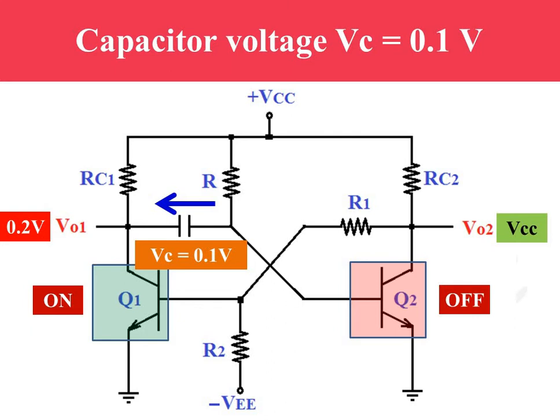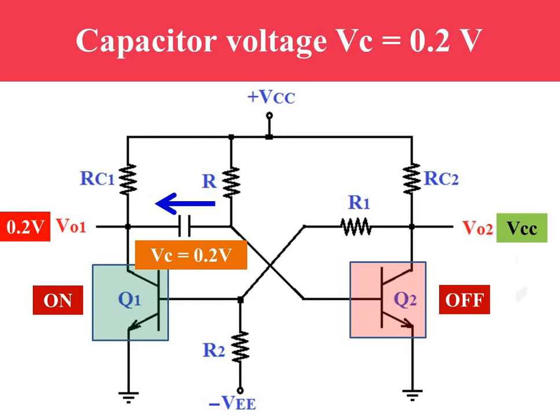Transistor Q2 continues to be in the off condition. Now capacitance voltage is equal to 0.2 volt. So now total voltage between base and emitter of transistor Q2 is equal to 0.4 volt. So still the voltage is not sufficient to turn on transistor Q2. Transistor Q2 continues to be in the off condition and transistor Q1 continues to be in the on condition.